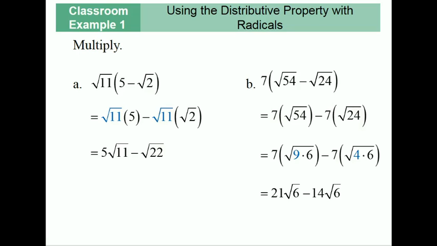Now we have a situation where we do have two radicands of equal value, so we can combine those further. So here's our next result. 21 square roots of 6 minus 14 square roots of 6 yields 7 square roots of 6.